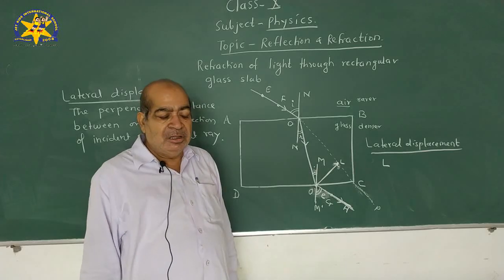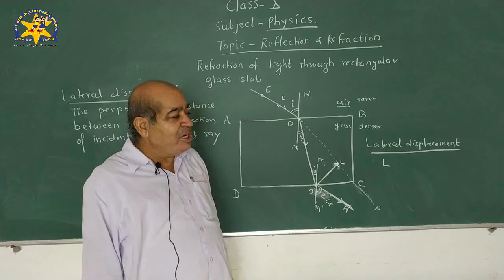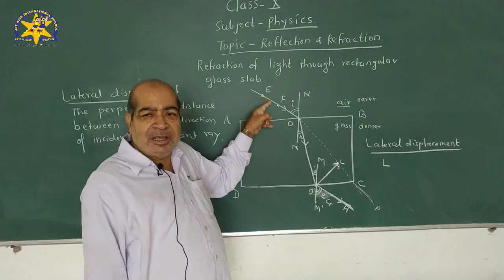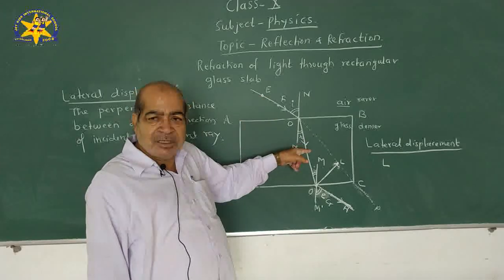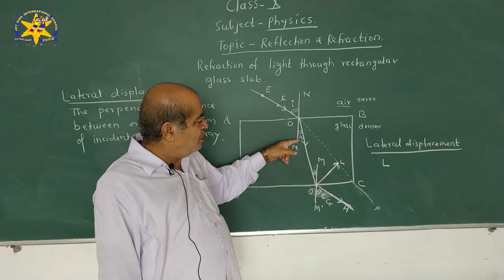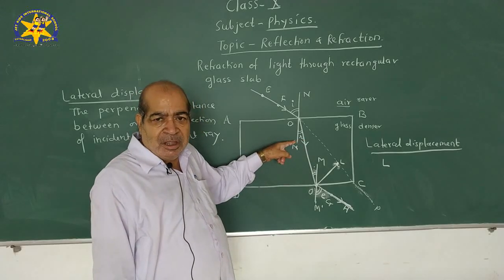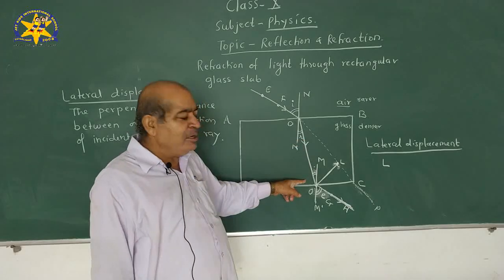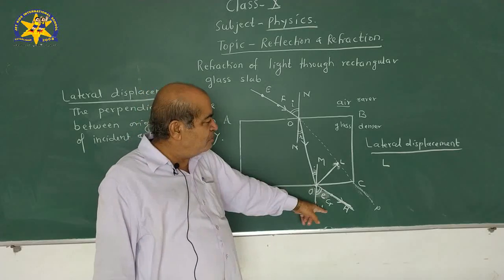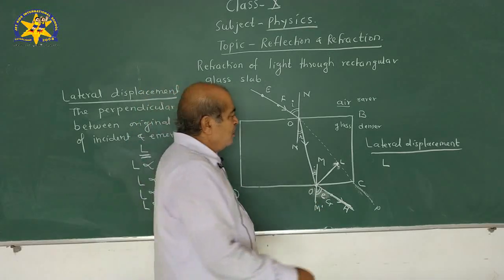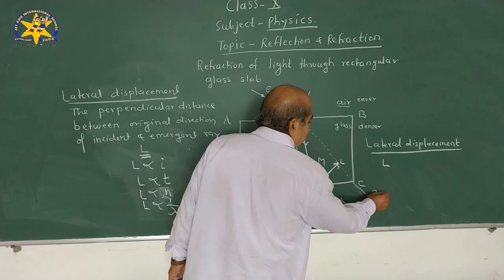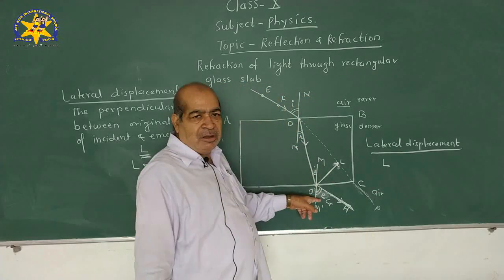When light travels from the rarer medium to the denser medium, it bends towards the normal, and when light travels from the denser medium to the rarer medium, it bends away from the normal.